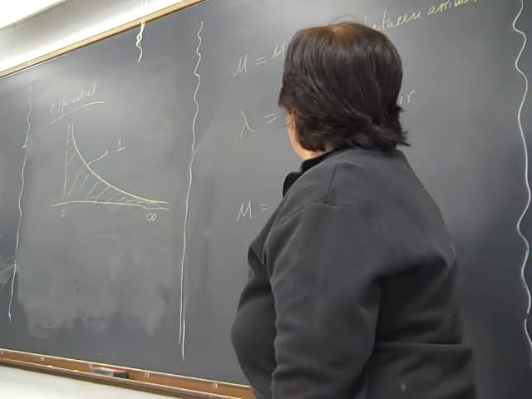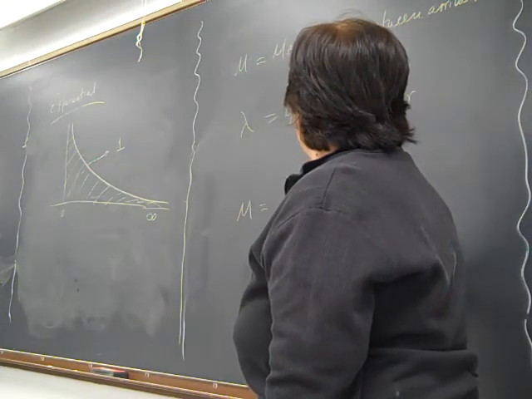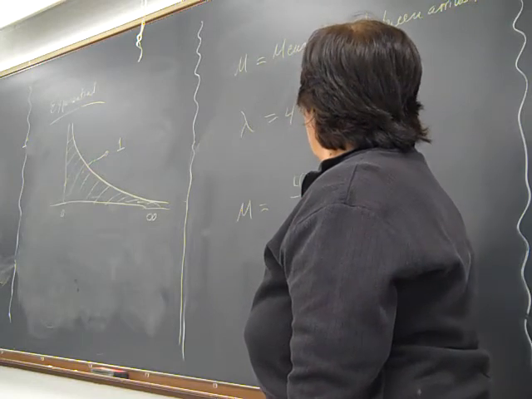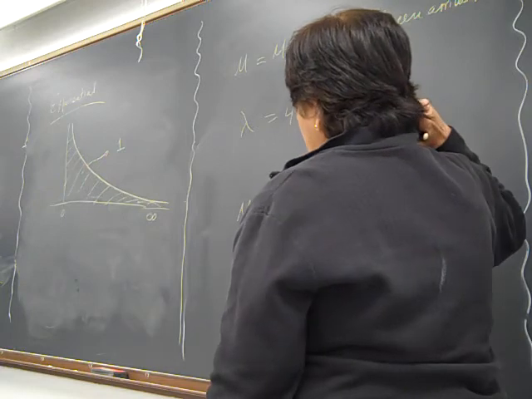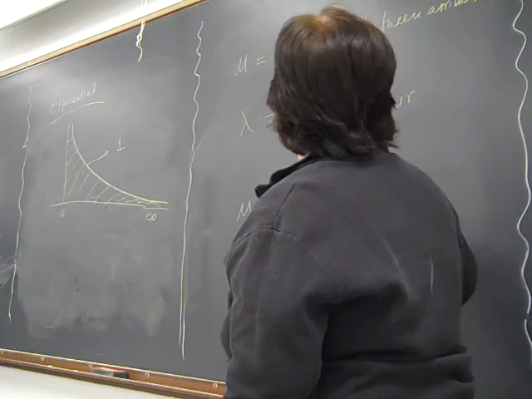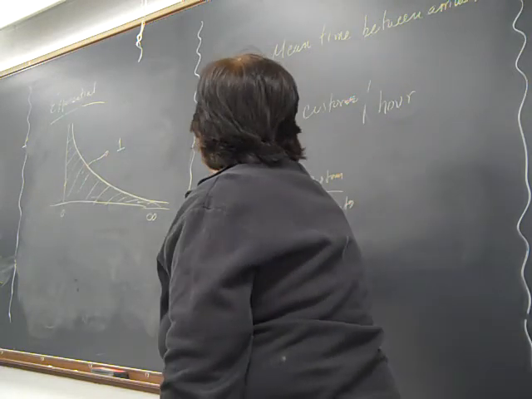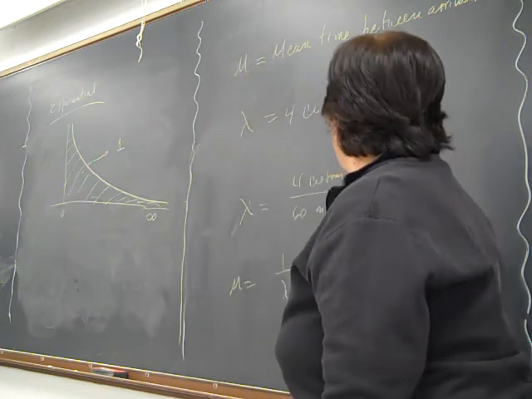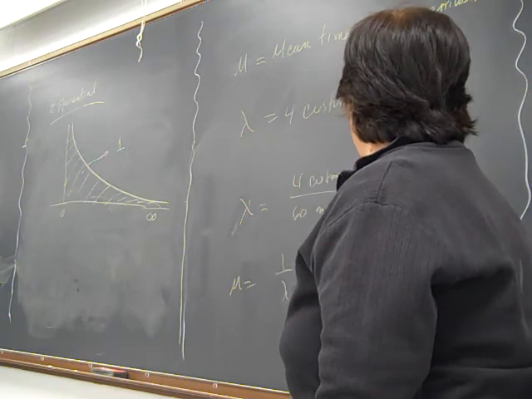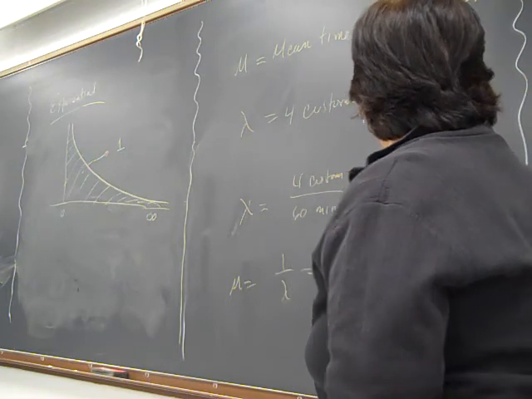So 4 customers per 60 minutes. No, that's lambda. The mu is 1/lambda, so it's going to be 60 divided by 4, which is 15 minutes.